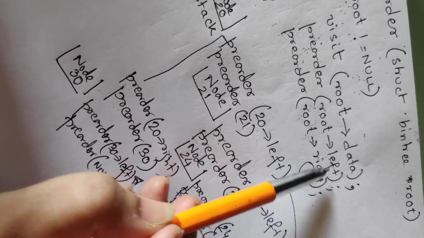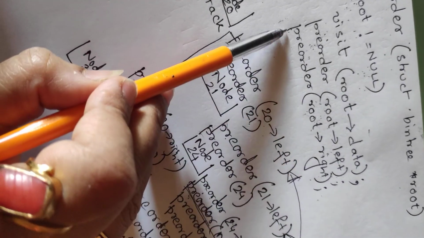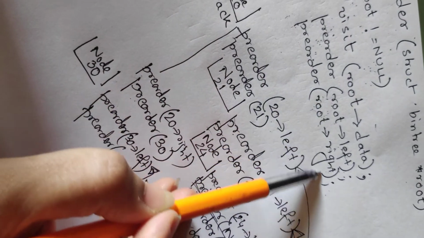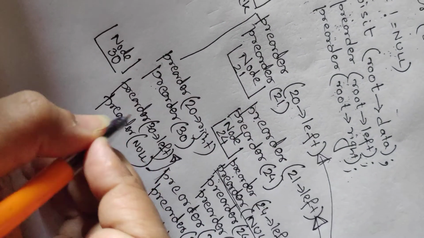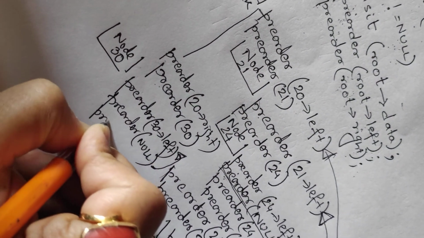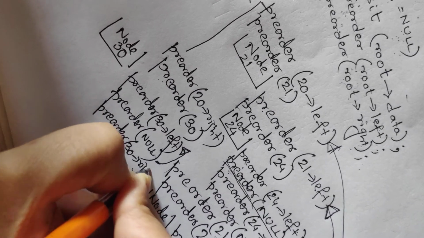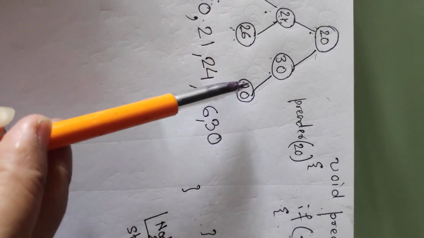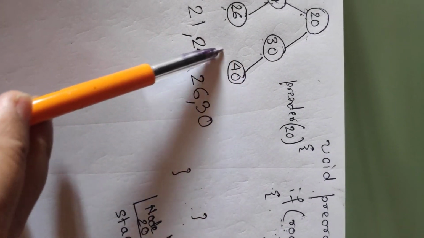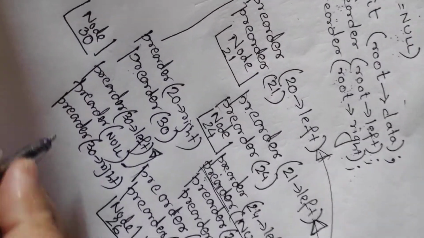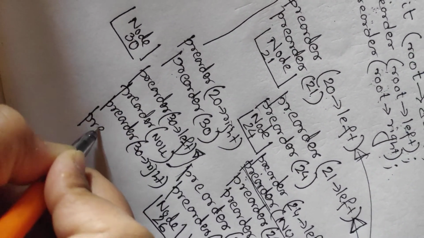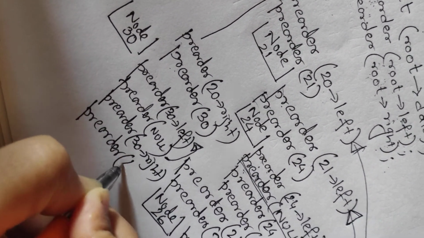After calling 30 left, you are left with the call to the right hand side of 30. So preorder 30 right. Now what is there in preorder 30 right? You see 30 right has a node 40. That means you are calling preorder 40.